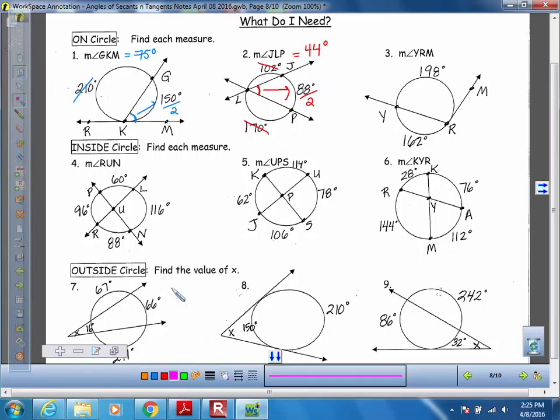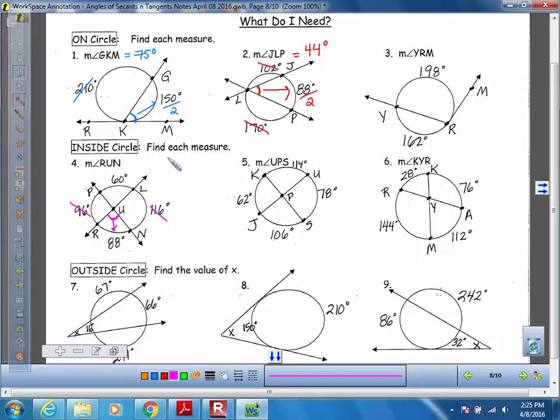Okay, let's try inside the circle. So this time I'm looking for angle RUN. RUN would be this angle right here. Now, since it's inside the circle, how many arc measures are we going to have to use? 2. Okay, which 2 would we want to use? 88 and 60, because 88 and 60 are opposite, so we do not need 96 or 116.